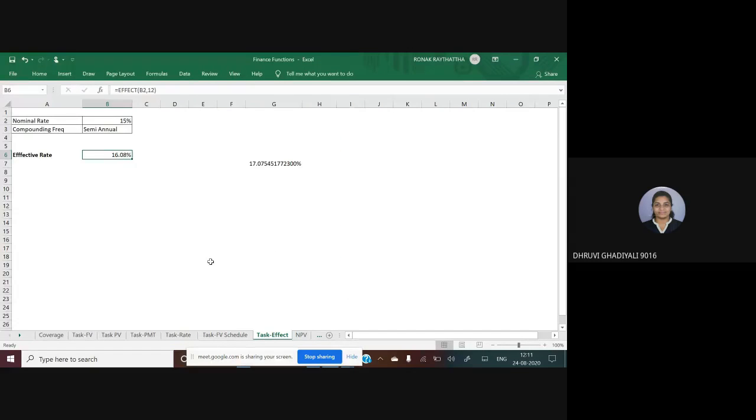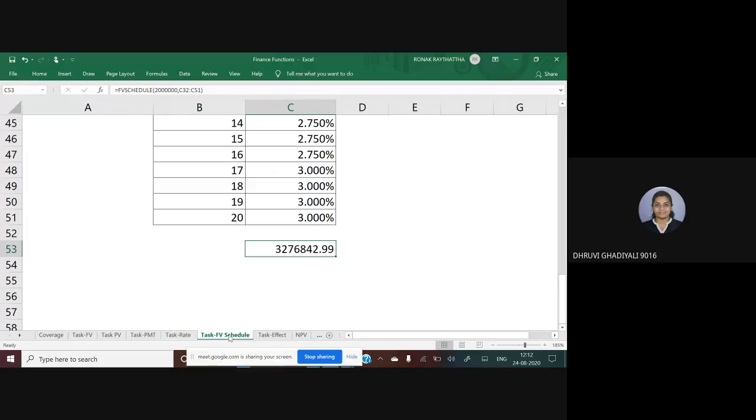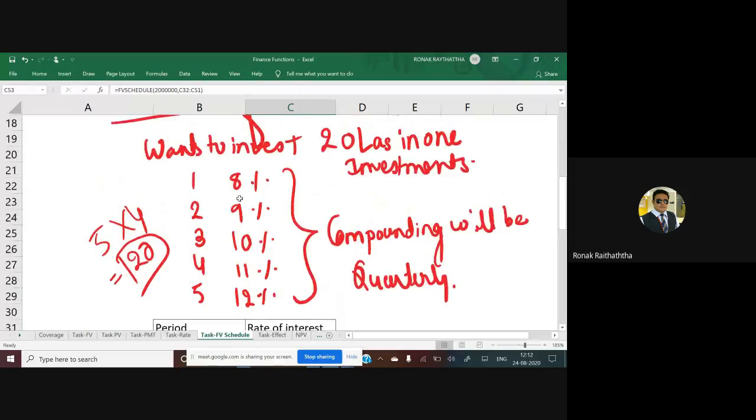Sir, can you please repeat that? How you got the percentage? Okay. Beta, in year number 1, her expectation is 8% on per annum basis. Now here in this case, the compounding is taking place on quarterly basis, not on yearly basis.